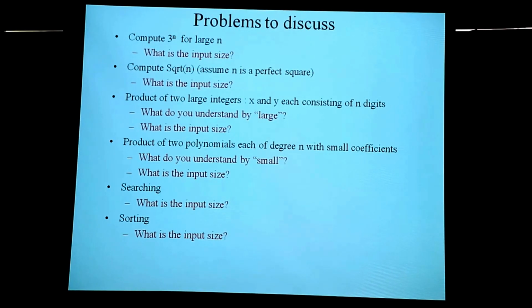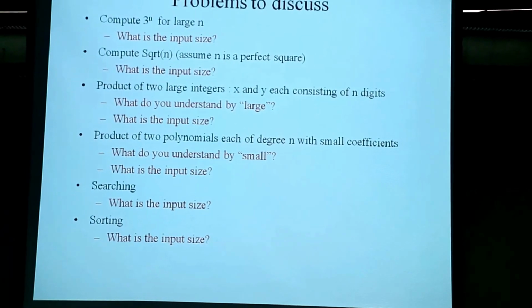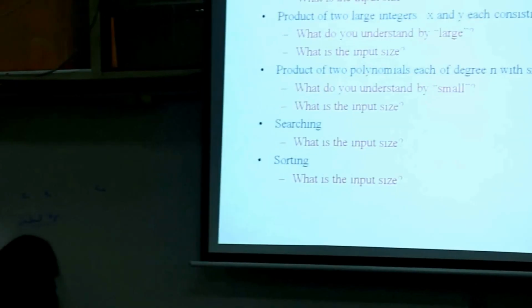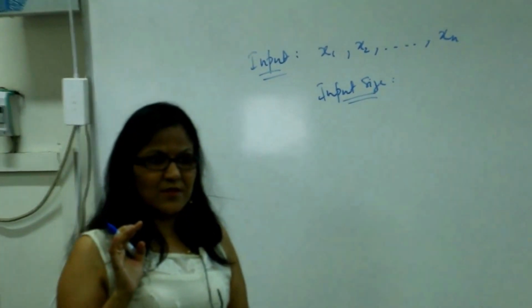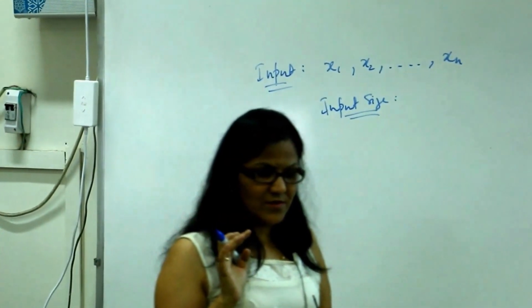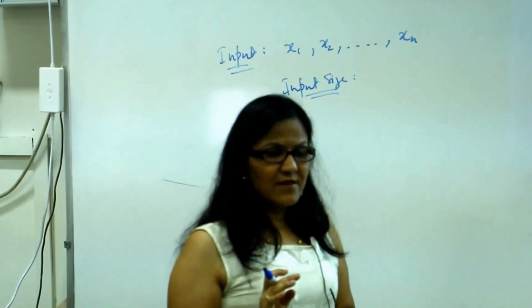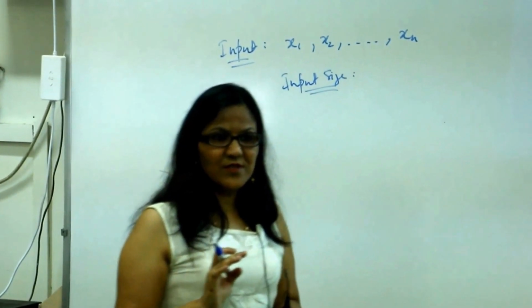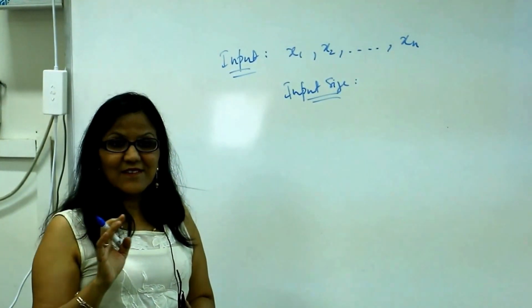The size of the list, how many? n into the size of the data type. Okay, good. Good and not so good. So for example, if the data type is integer, then what is the size of this input?